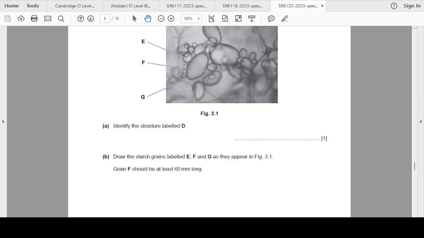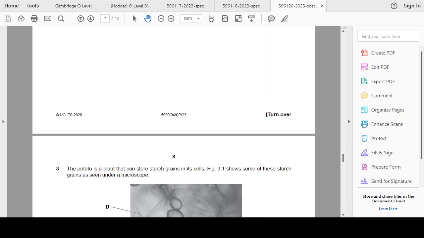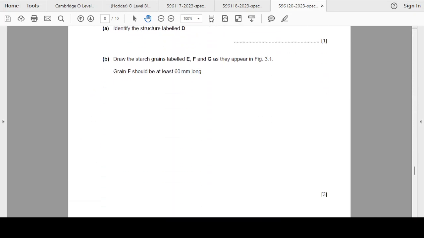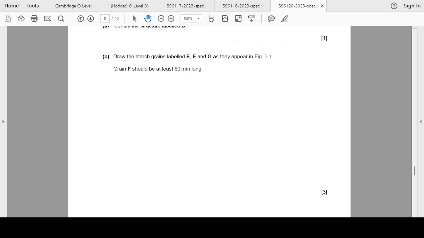Grain F, so the large one in the center, should be at least 60 millimeters long, right? And so that means that you will obviously use a ruler and you will mark 2 points, here and here perhaps, right at two ends. I don't know if you can see me touching the screen.